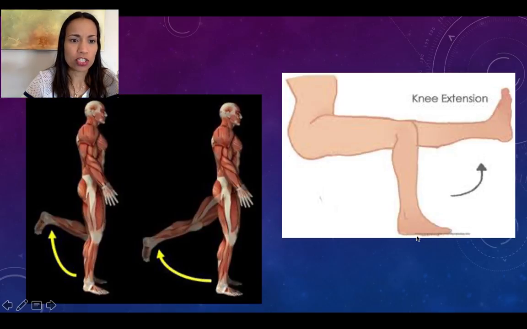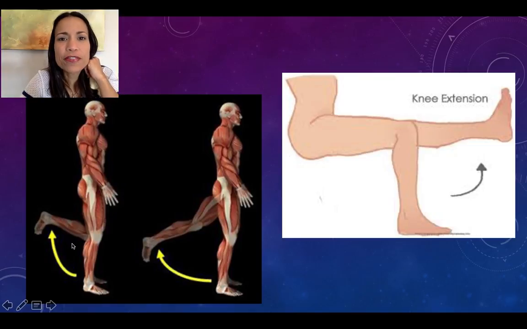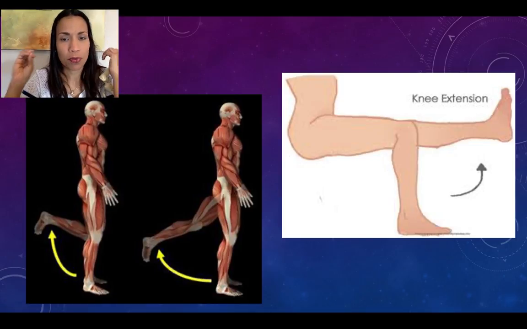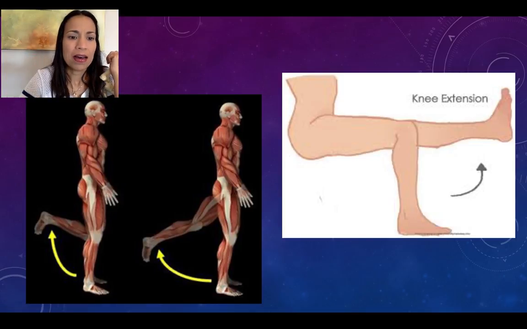Just changing the positions. Look at this guy. What position is that, or what movement? The leg is going from extension to flexion, right? He's not lifting the leg, he's flexing the leg. Please use the proper anatomical terms.